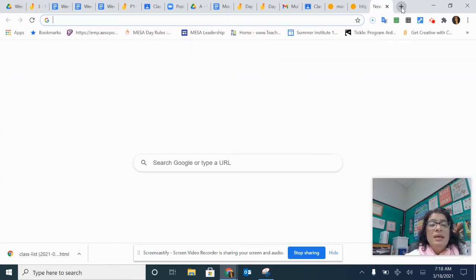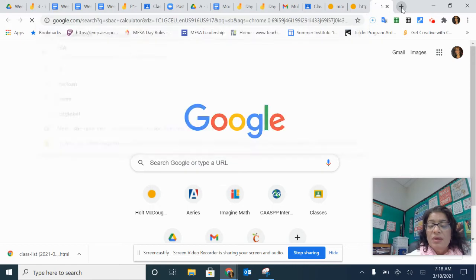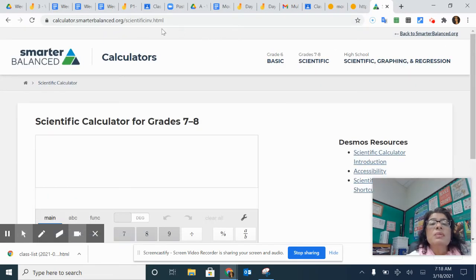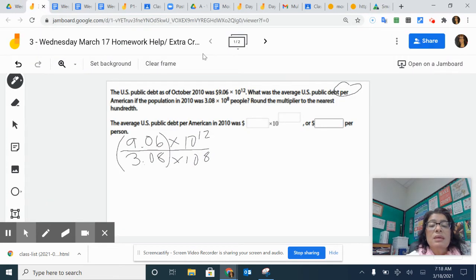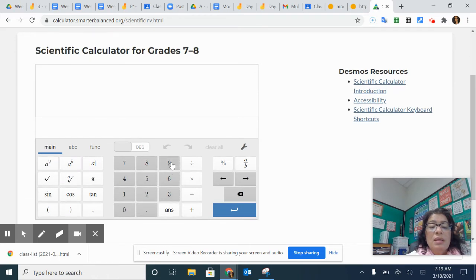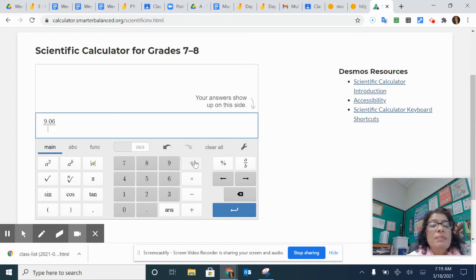It's going to be 9.06 divided by 3.08, and they said to round to the nearest hundredth. So the nearest hundredth, I get 2.94. 4 is in the hundredths place. The next number is a 1, so it's just going to be 2.94.